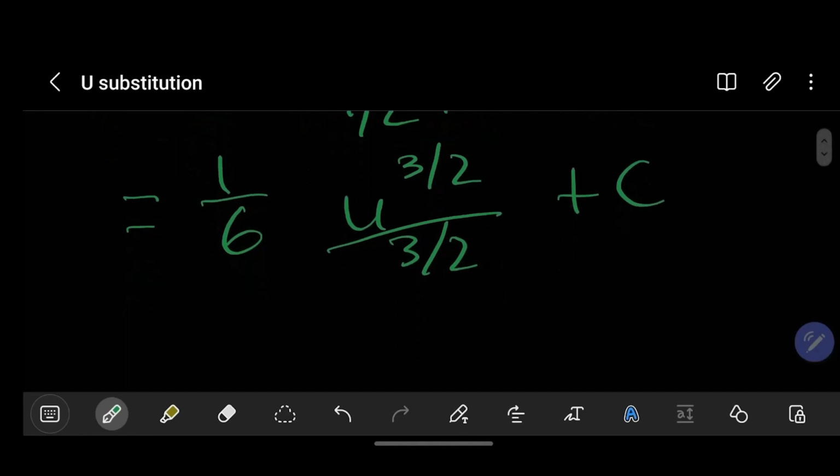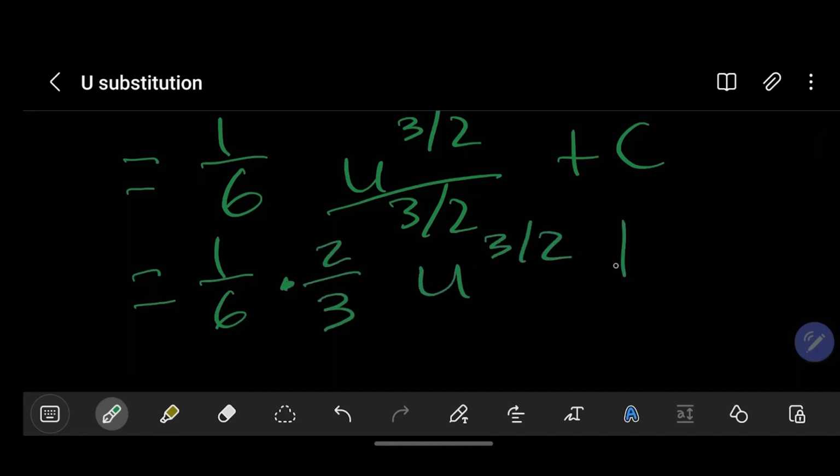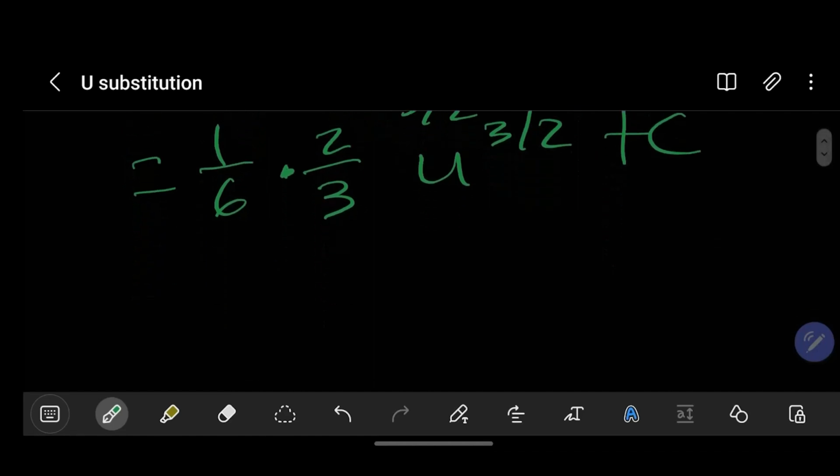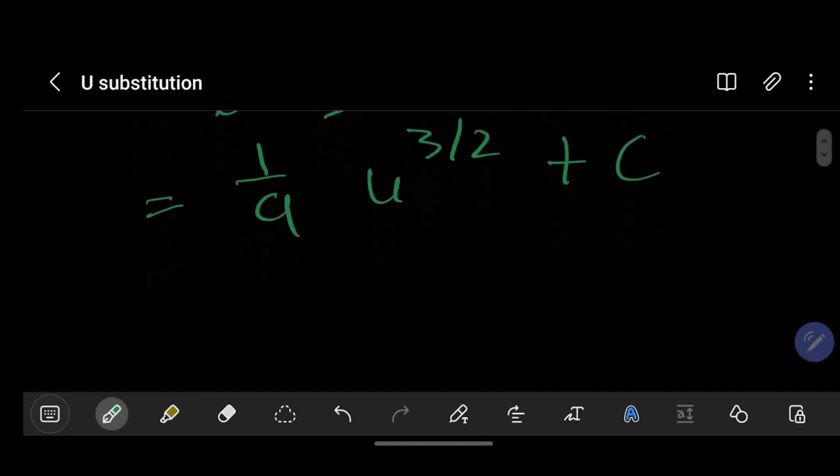and we can bring the 3 by 2 to the top, and that's basically 1 by 6 multiplied by 2 by 3 u to the 3 by 2 plus c, and we would now get this equal to 1 by 9 u to the 3 by 2 plus c, which is equal to 1 by 9. Let's substitute back for u.